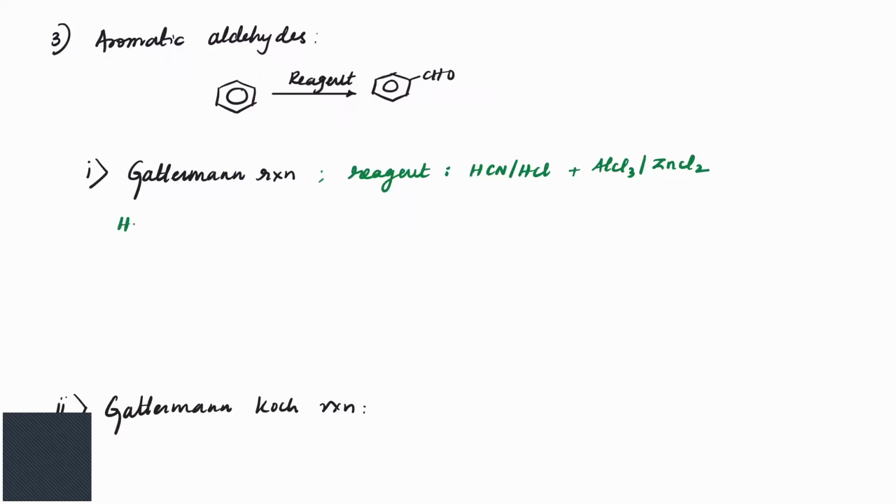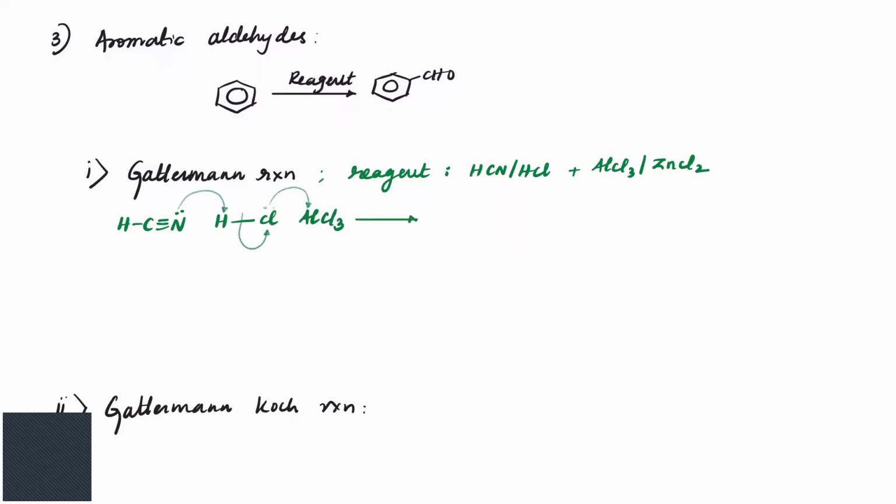Any one of them will be working. The reaction goes like this, where you have H triple bond CN here. So this would take from HCl. And to break the HCl, we require anhydrous AlCl3. And that's the way it works. So the lone pair present on chlorine will attack here. Lone pair present on nitrogen will attack here. Bond will break here.